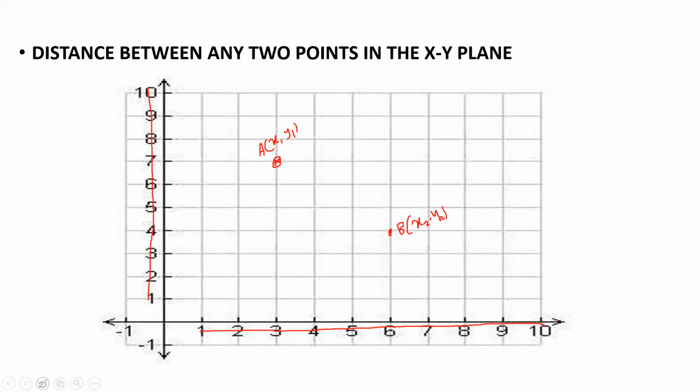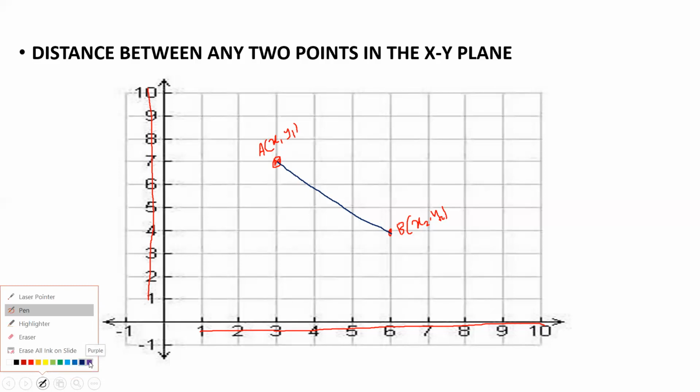Now let's come to the concept. The task is to find the distance between A and B. So finally we need to find the distance AB. Before that, I would like to find the horizontal distance and the vertical distance. Let's find the horizontal distance first.